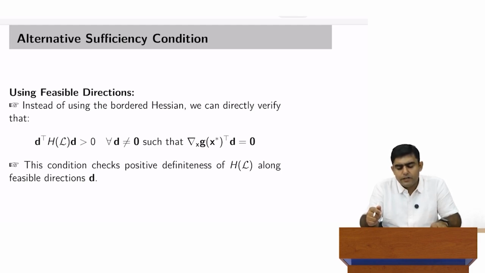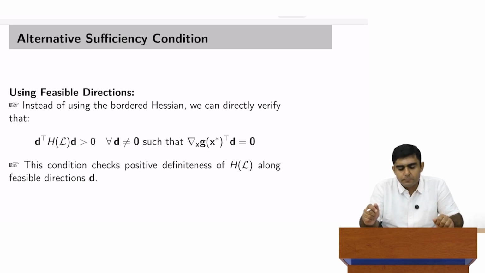There is another way to check for sufficiency, which is much easier to state than the bordered Hessian matrix. However, the advantage with bordered Hessian matrices is that they are incredibly easy to solve for computers, because checking the determinants of these lower rank matrices is a very intuitive way to check for positive definiteness or negative definiteness.